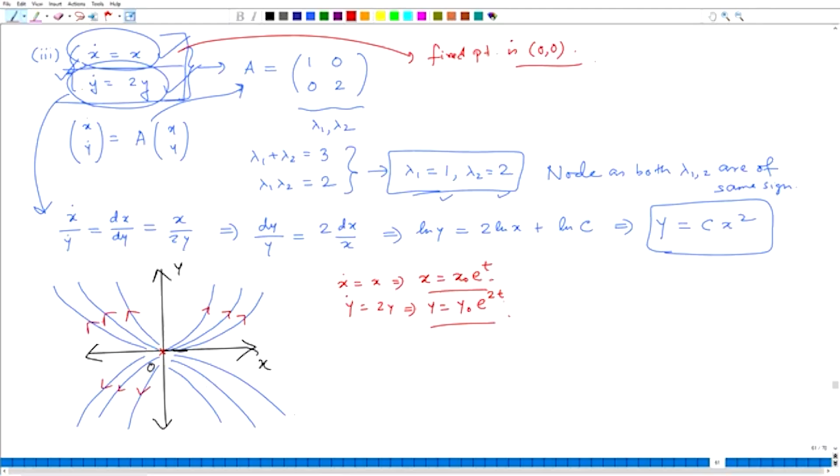And unless your t is minus infinity, you cannot reach the fixed point, and that is why this fixed point is still unreachable by these trajectories.